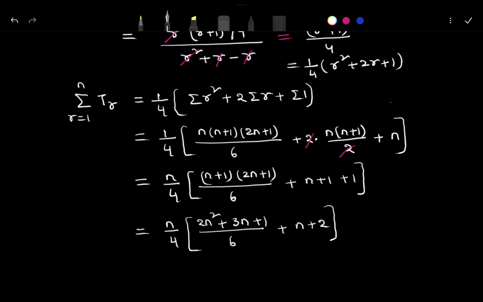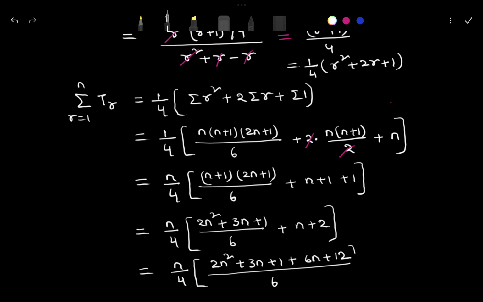So now you simplify. This value will be equal to n by 4 into (2 into n square plus 3n plus 1) whole divided by 6, plus (n plus 2), so taking the LCM as 6: 6 into n plus 2 into 6 is 12, whole divided by 6.